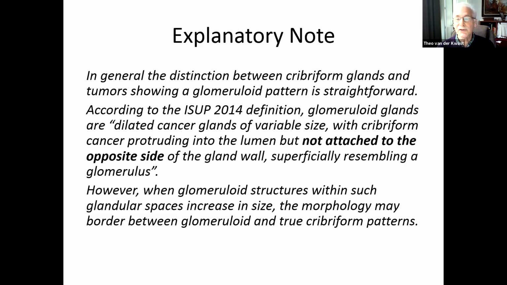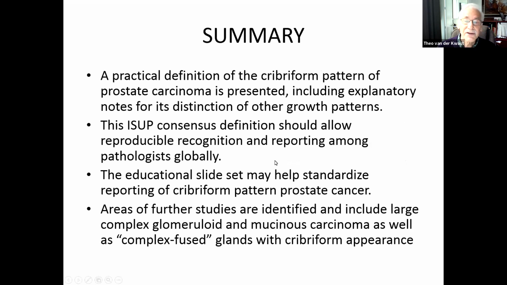However, when glomeruloid structures within such glandular spaces increase in size, the morphology may border between glomeruloid and true cribriform patterns. And again, we do not know when these larger cribriform areas in a glomeruloid architecture arise, or what their prognostic impact is. There are a number of publications showing that glomeruloid pattern cancer does pretty well and has a good prognostic impact, but these larger glomeruloid structures are less frequent, and that's why more difficult to investigate.